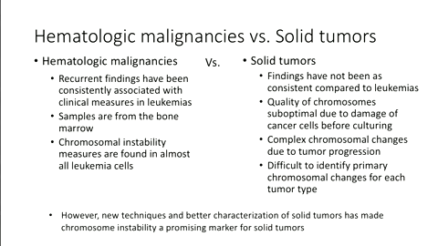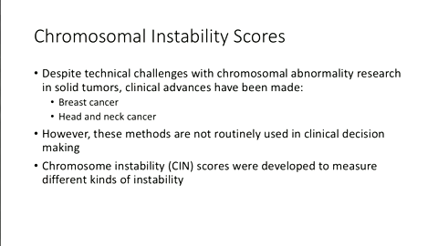However, there are new techniques and better characterization of solid tumors, which has made chromosomal instability a promising marker for solid tumors. Despite these challenges, chromosomal abnormality has had clinical advances in research, such as in breast cancer.